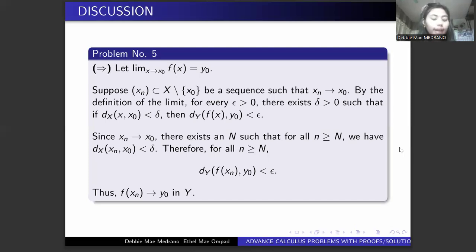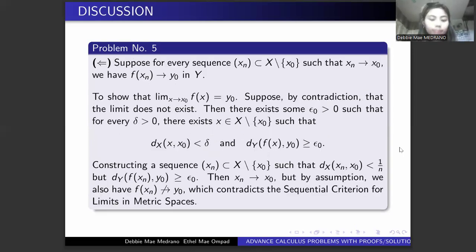Therefore, for all n greater than or equal to N, d_Y(f(x_n), y_0) is less than epsilon. Thus, f(x_n) approaches y_0 in Y.